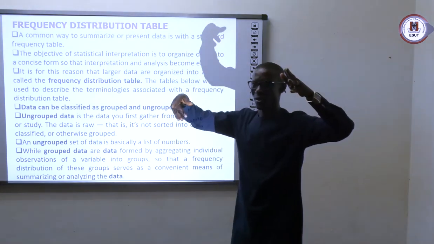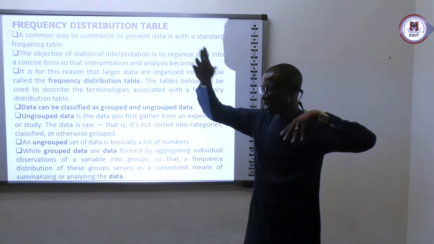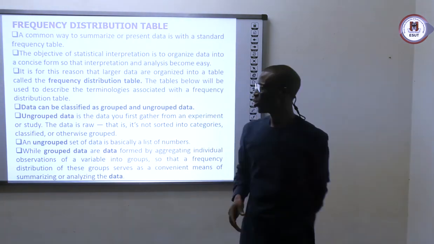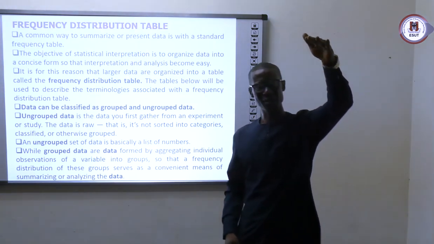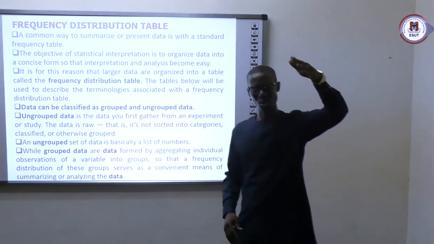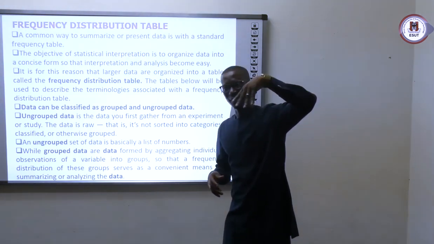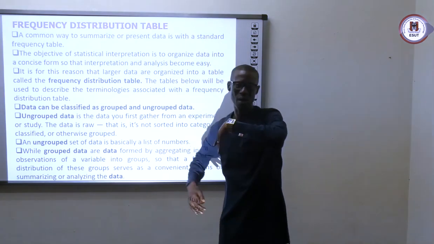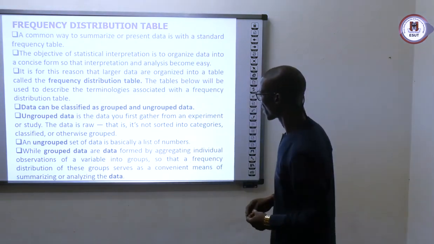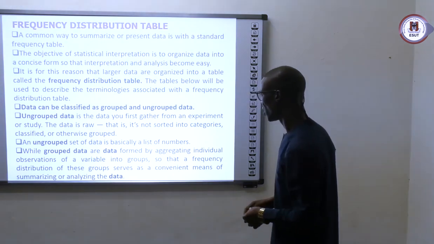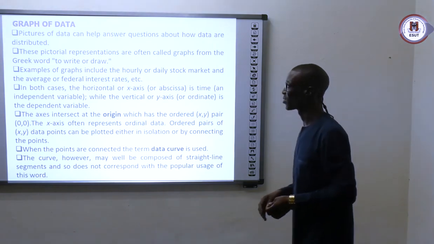It must have frequencies: 1 to 10 occurs this number of times, 11 to 20 occurs this number of times. Such data is grouped data. But numeric or integer data that has 1, 2, 3 and the corresponding frequencies is just non-grouped data. So data could be grouped or non-grouped, depending on the structure and the presentation.